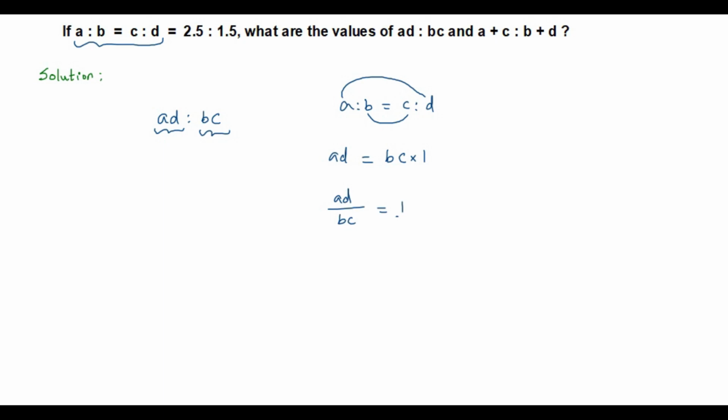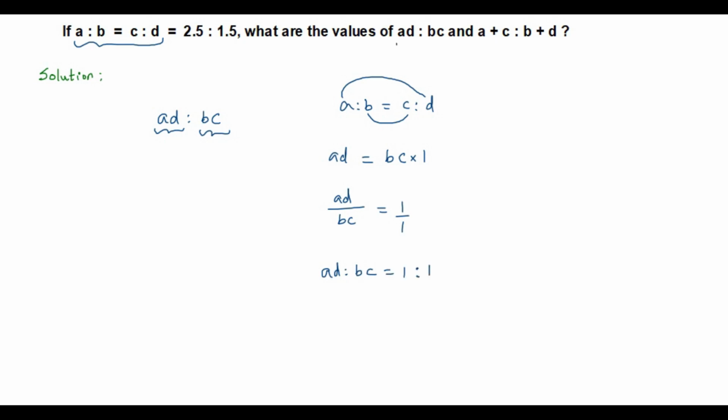Now we can assume there is denominator 1 here. Taking denominator 1 for this 1 will not change the value because 1 divided by 1 is equal to 1. So now we have a fraction on the left side and a fraction on the right side. Now we can write both the fractions as ratios. So we get AD is to BC is equal to 1 is to 1.